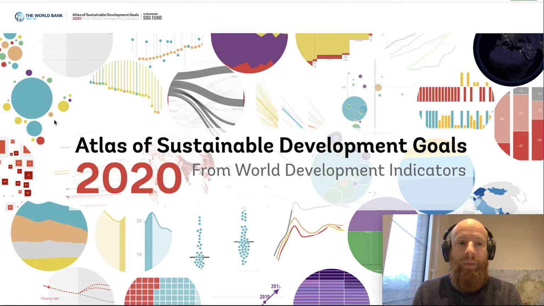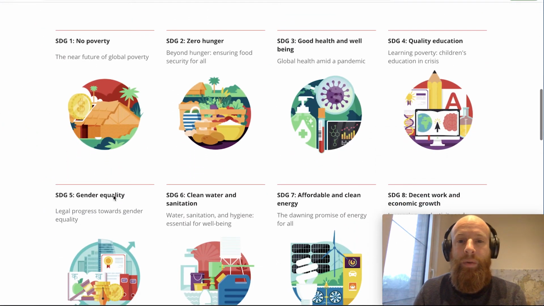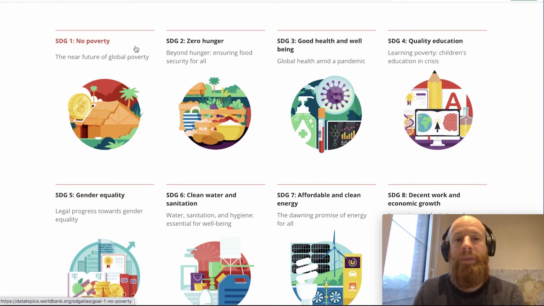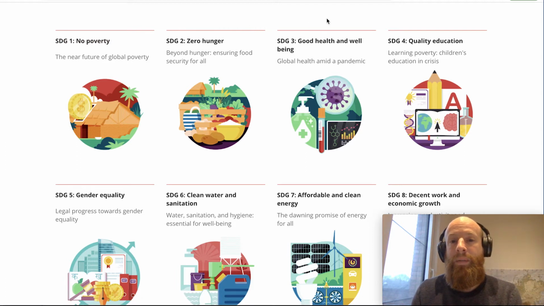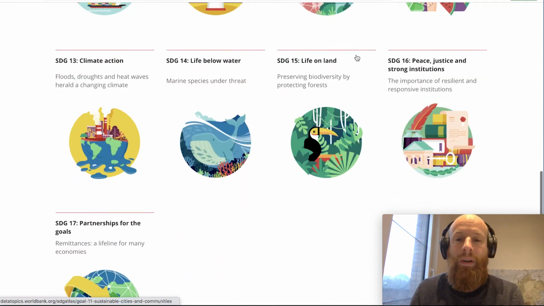And the goals were divided up into 17 different topics. And here you can see some of them. So the first Sustainable Development Goal is about poverty. The second one is about zero hunger. And the third one is about health and well-being. And as you can see, there are many more.